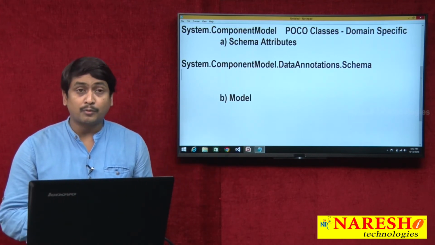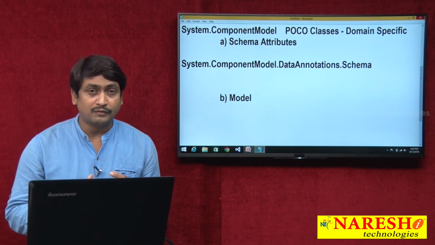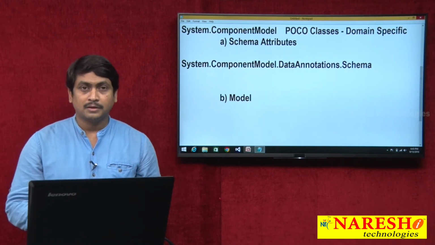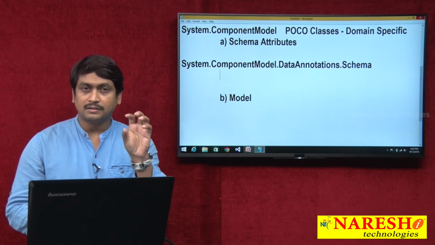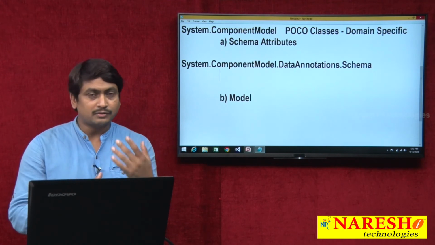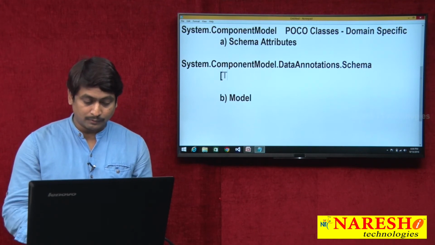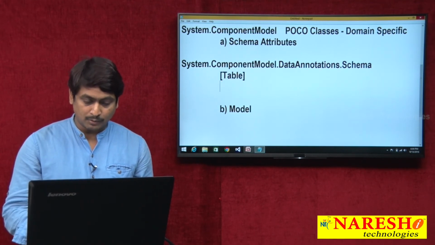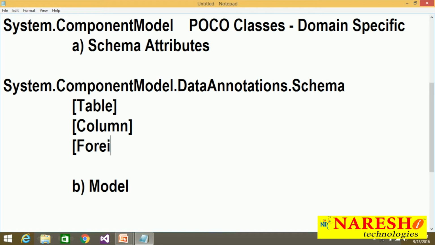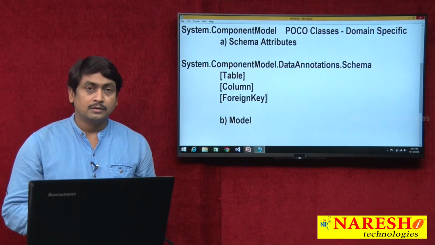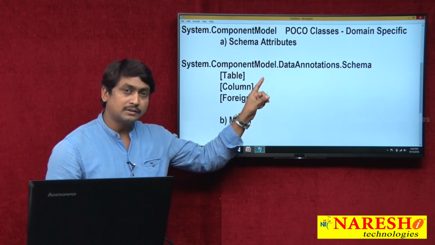This namespace provides the attributes which are responsible for defining the structure of the table. Schema means the structure. That means schema consists of attributes that are used to define the table structure. What are the important attributes available in the schema? One, we have Table, we have Column, and another we have ForeignKey. These three are very important attributes which are defined under System.ComponentModel.DataAnnotations.Schema.